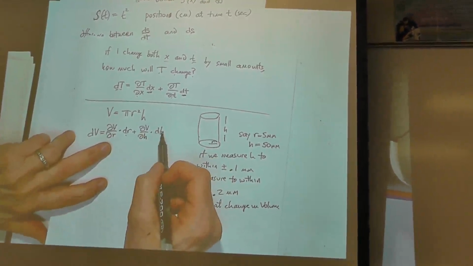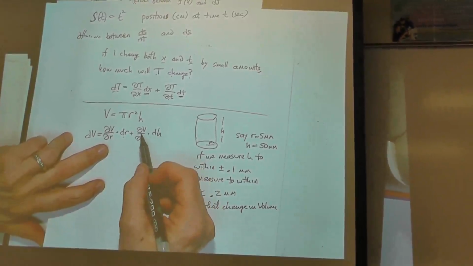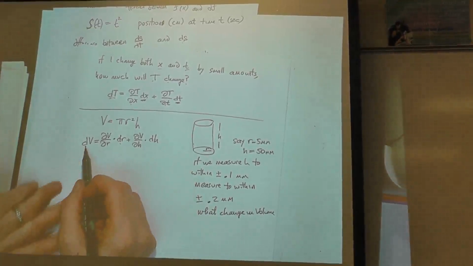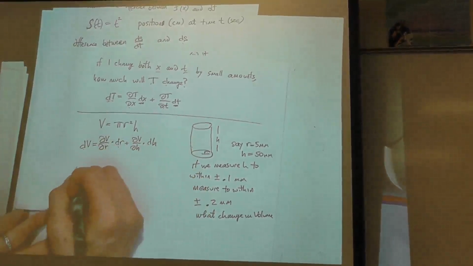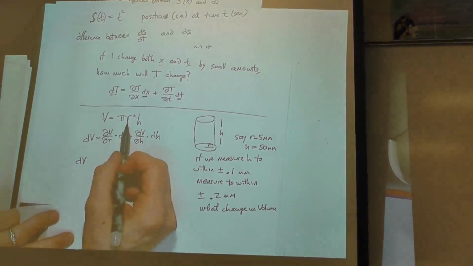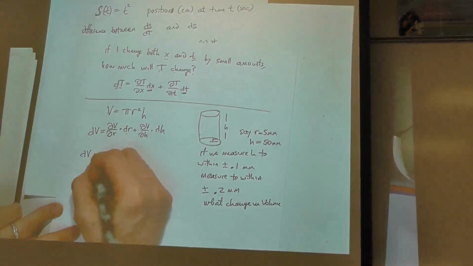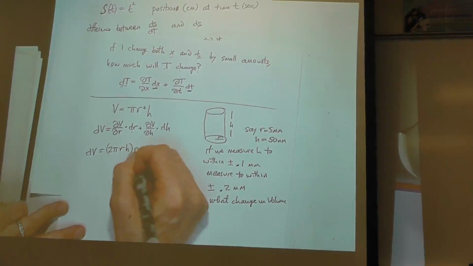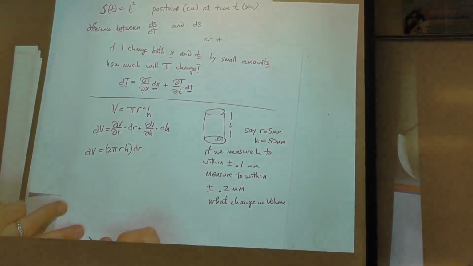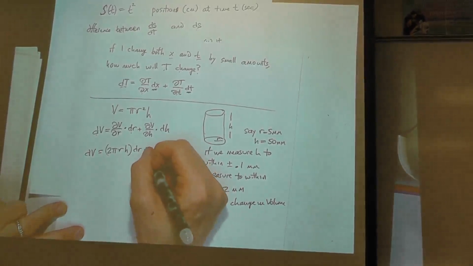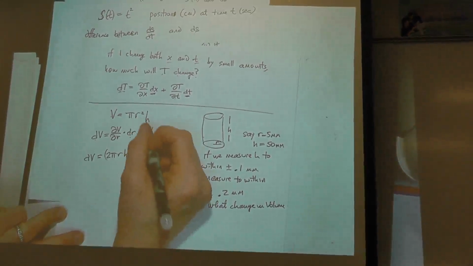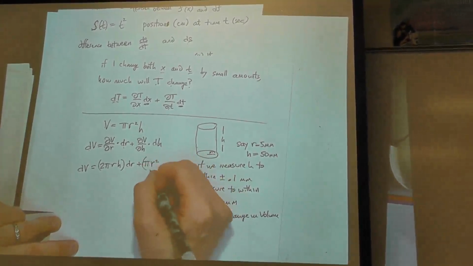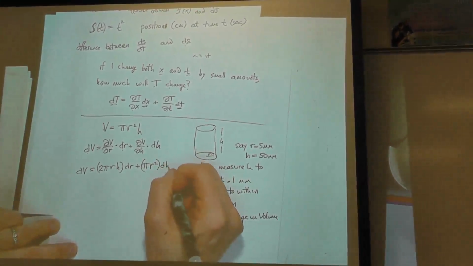Here my h units also will cancel, leaving me with volume units. Volume plus volume gives me back volume units. So the differential of V is going to be 2 pi r h times dr, plus, and then I want to differentiate with respect to h, so I'm going to have pi r squared times dh.